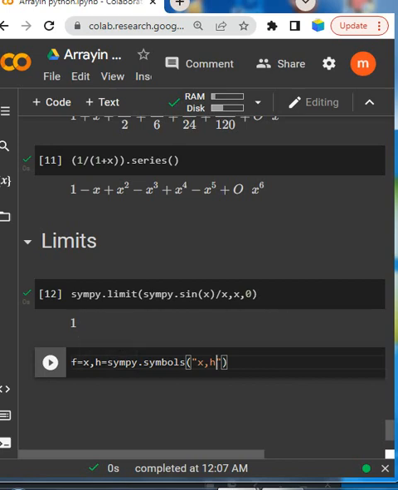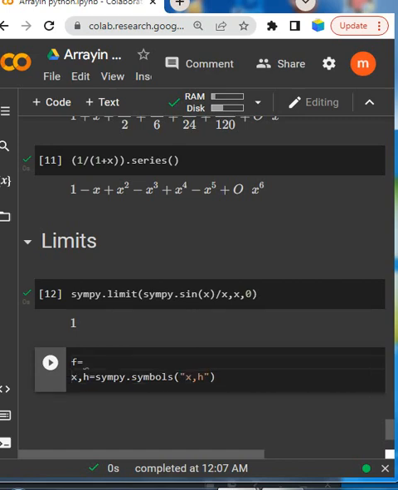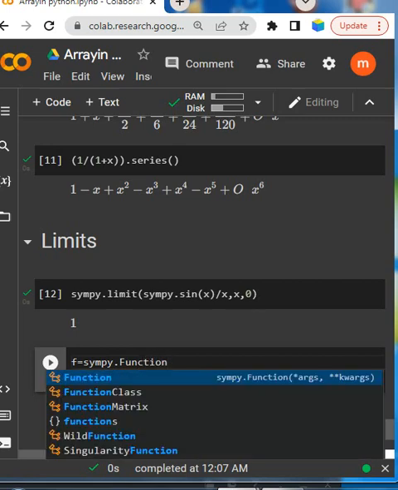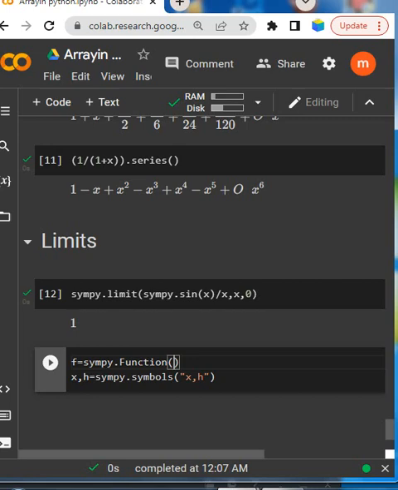So x comma h sympy symbols, and now f will equal sympy dot Function f. Now I am going to try another possibility. So it is working and not working.